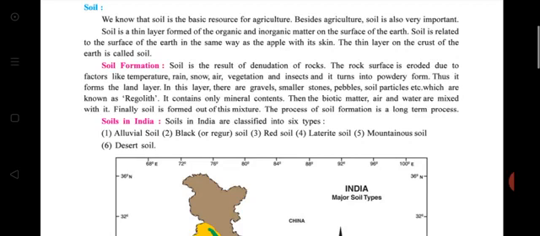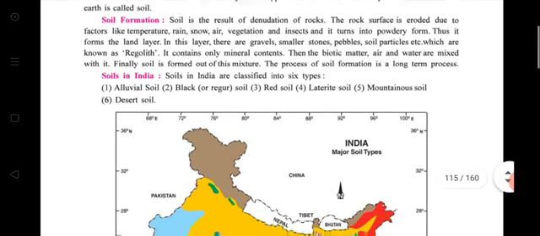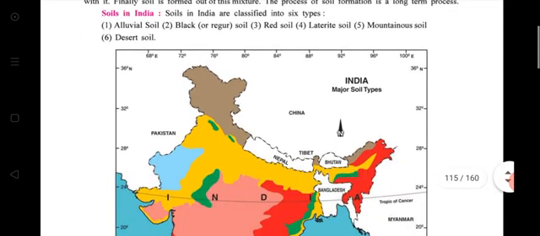Then formation of soil. Then soil in India. There are 6 types: alluvial, black, red, laterite, mountainous, and desert. From these 6 types, we have done the first 3: alluvial, black, and red. And in today's lecture, we will learn about laterite, mountainous, and desert.